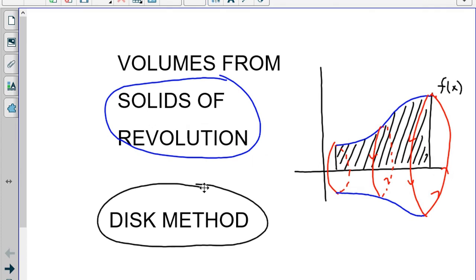One thing that you do need to be aware of is that in the disk method, we are slicing our figure perpendicular to the axis of rotation.